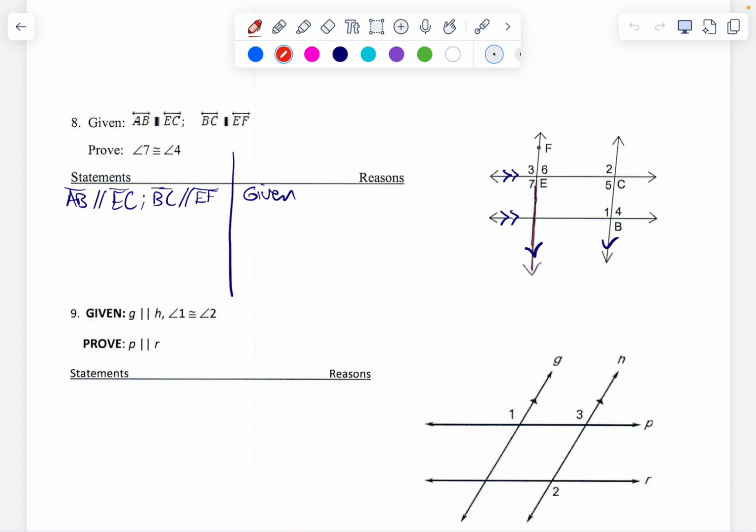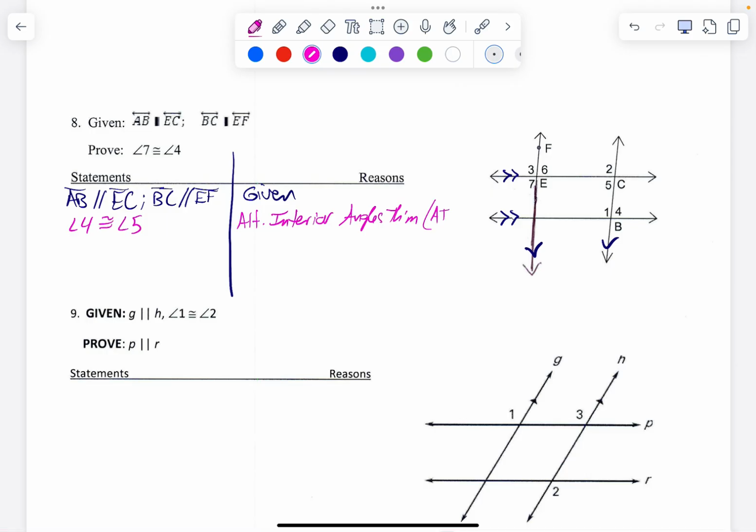You want to bring 4 in first? Okay. Tell me what about 4? Like 4 and what? He said 5 and you said 5, so that sounds good. What kind of angles are 4 and 5? Angle 4 is congruent to angle 5 by alternate interior angles theorem.